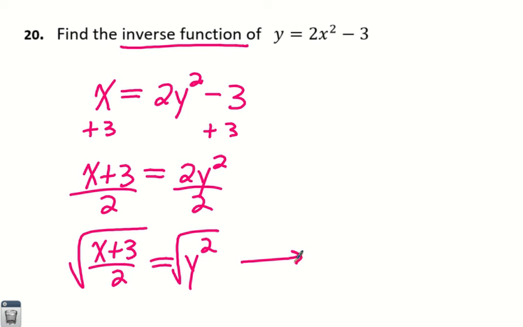You got to remember that. And also I'm going to swap sides, putting this on the left and this on the right, so y is by itself. The only thing you got to keep in mind is that technically it's plus or minus.